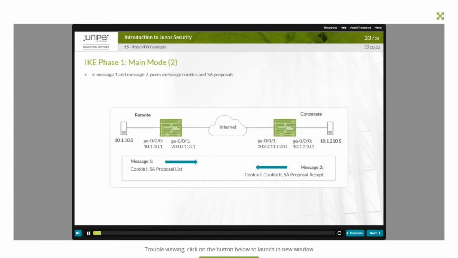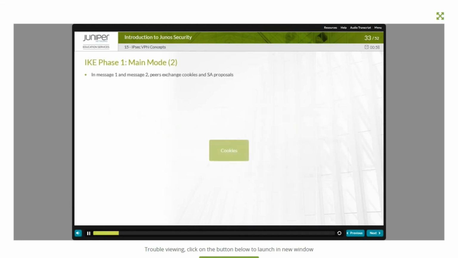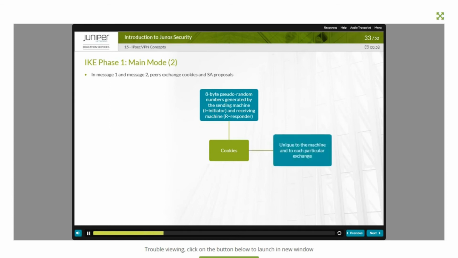In Message 1 and Message 2, peers exchange cookies and SA proposals. Cookies are 8-byte pseudo-random numbers generated by the sending machine, or I equals initiator, and receiving machine, or R equals responder. Every cookie is unique to the machine and to each particular exchange. These cookies guarantee uniqueness and replay protection by hashing the sender's IP address, port, protocol, and timestamp, which results in a unique identifier known only to the originator.